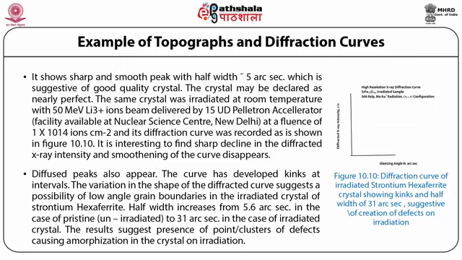The result suggests presence of point clusters of defects causing amorphization in the crystal on irradiation. Figure 10.10 shows the diffraction curve of irradiated strontium hexaferrite crystal showing kinks and half-width of 31 arc-second, suggestive of creation of defects on irradiation.